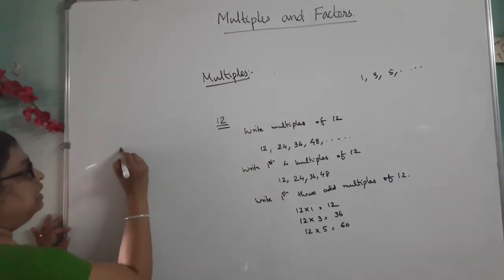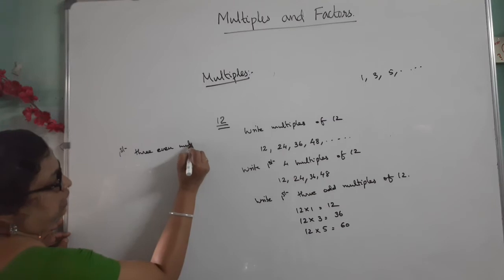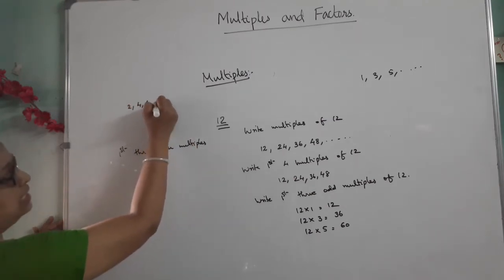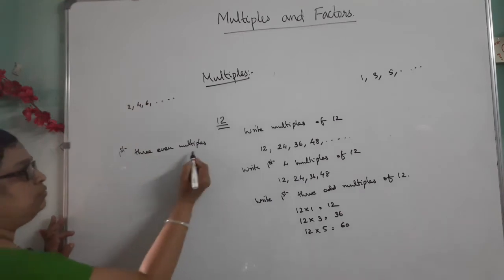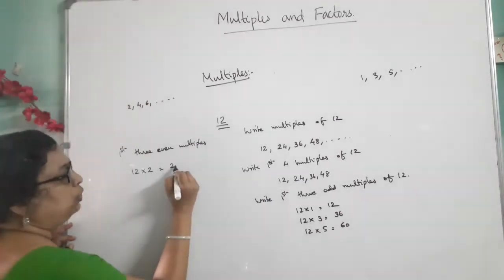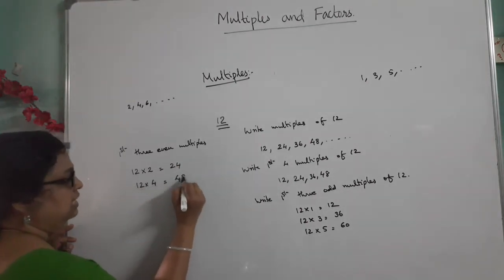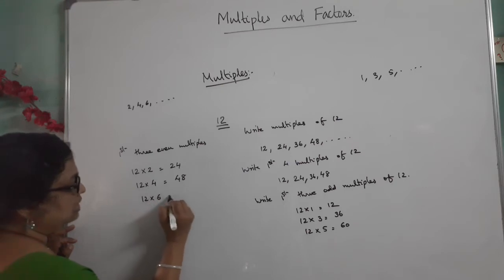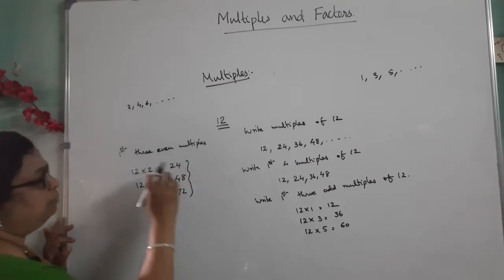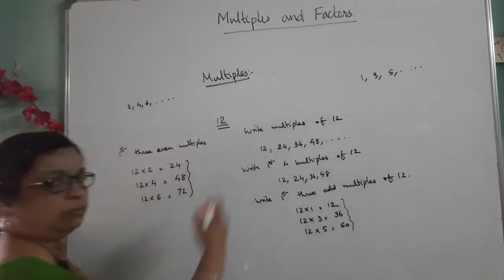Then first 3 even multiples. Even numbers we know that, 2, 4, 6 etc. So first 3 even multiples are, first one 12 into 2, 24, then second one 12 into 4, 48, then third one 12 into 6, 72. So these 3 are the first 3 even multiples of 12 and the other 3 are the first 3 odd multiples of 12.